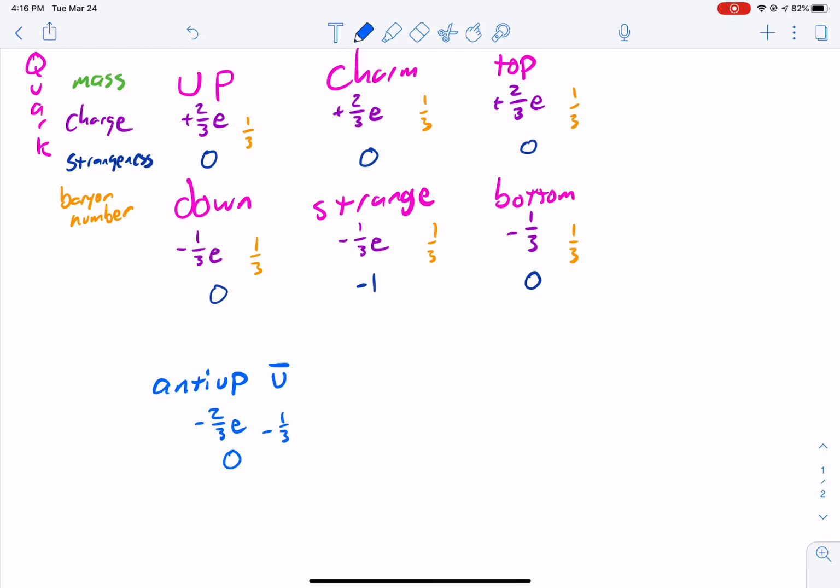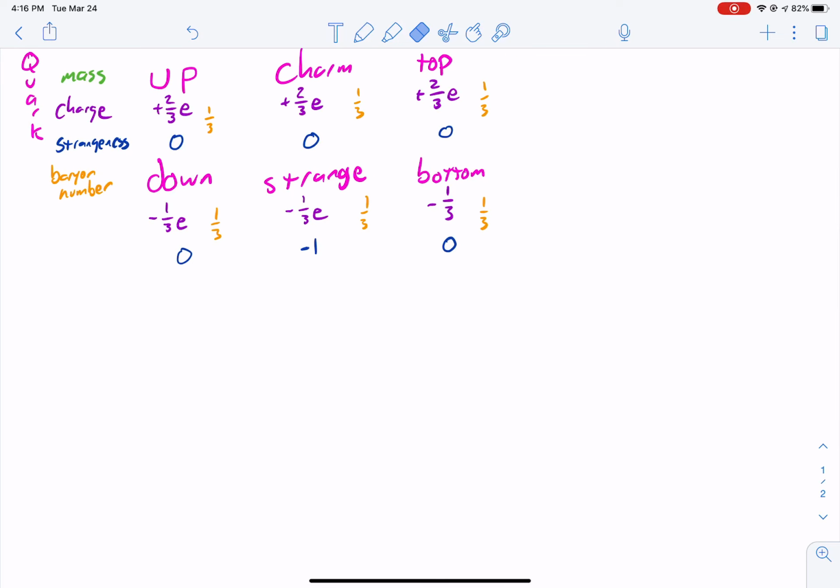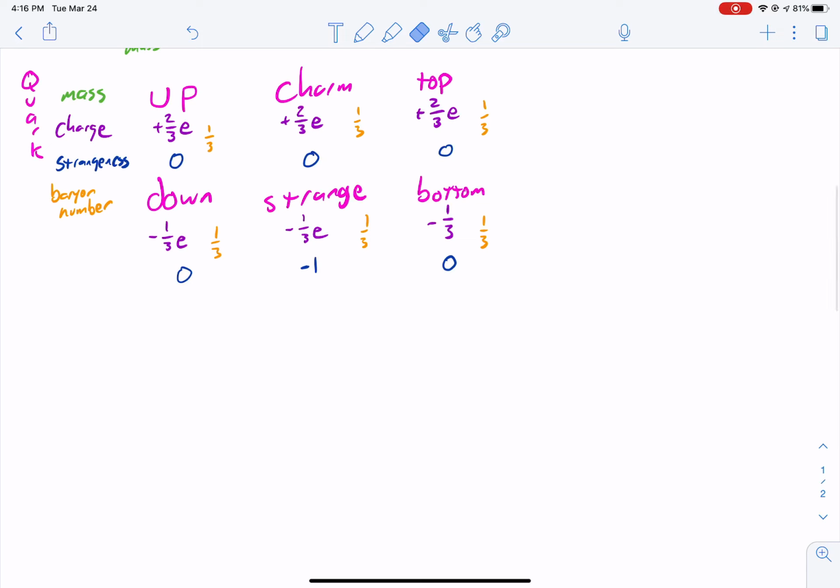The anti-up would just be a complete opposite from an up. Same thing goes all the way through here, including the strange quark. Indeed, the anti-strange quark has +1 as its strangeness. So these are the antiparticles. Typically, you do not write them on a standard model. You just know that if it's anti, everything's backwards. These are the quarks. Up, down, charm, strange, top, bottom.